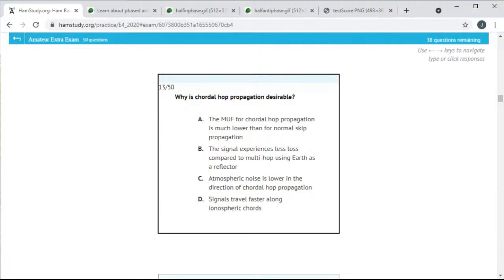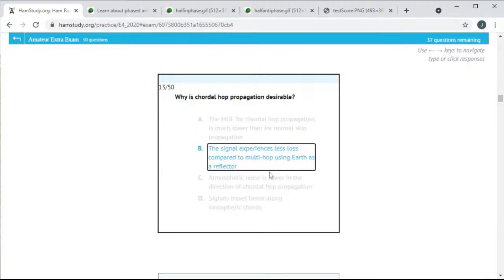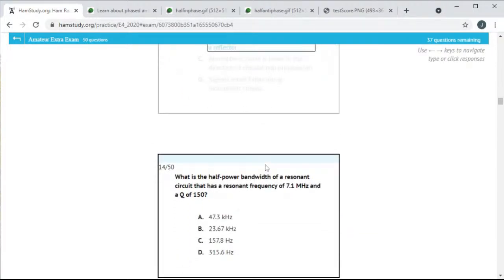C. Atmospheric noise is lower in the direction of the chordal hop propagation. D. Signals travel faster along ionospheric chords. I believe it's B. The signal experiences less loss compared to multi-hop using the Earth.